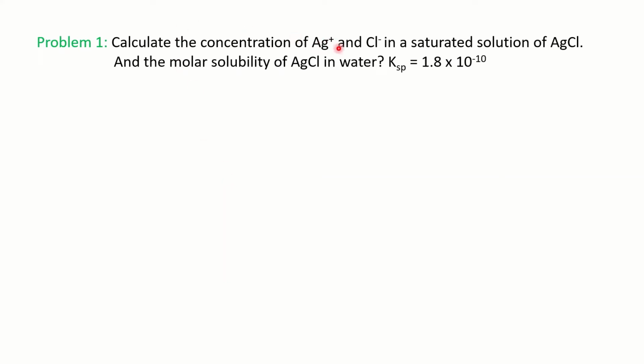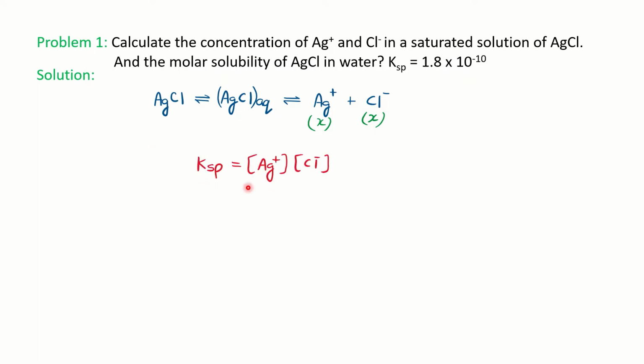Now we'll apply this to solve a problem. They are asking to calculate the concentration of silver and chloride in a saturated solution of AgCl, and also the molar solubility of AgCl in water. Solubility product is given. We know the reaction we have already seen, and let's say the concentration of Ag+ is x, and so is Cl-. We are familiar with the formula of solubility product.